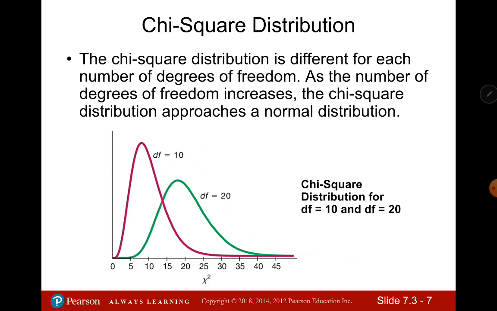If the number of degrees of freedom increases, let's say n goes to infinity, the chi-square distribution approaches a normal distribution. With degrees of freedom 20, the curve is more flat and closer to a normal distribution. If the degrees of freedom equals 1000, it's very close to a normal distribution.